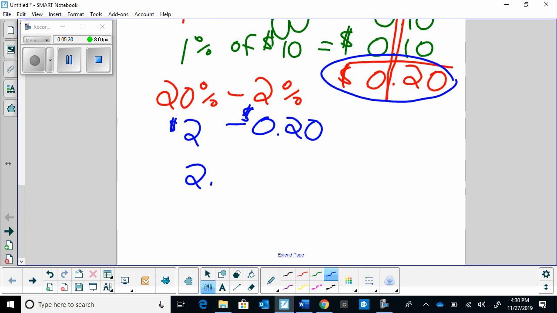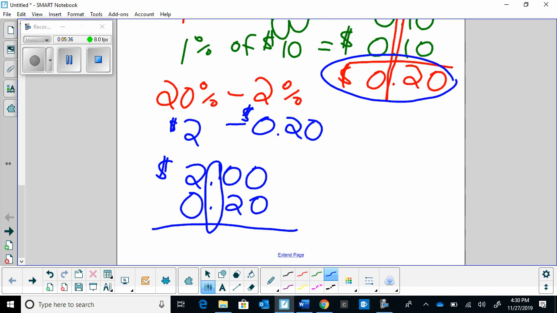Another way to do this is I line them up, and I make sure to line up my decimal points. We always need to make sure our decimal points are in the same spot. And then I subtract. 0 minus 0, 0. We've got 0 minus 2, that doesn't work. We're going to have to turn that into a 10 and reduce that one. 10 minus 2 is going to be 8. Decimal point stays the same. And 1 minus 0 is 1.